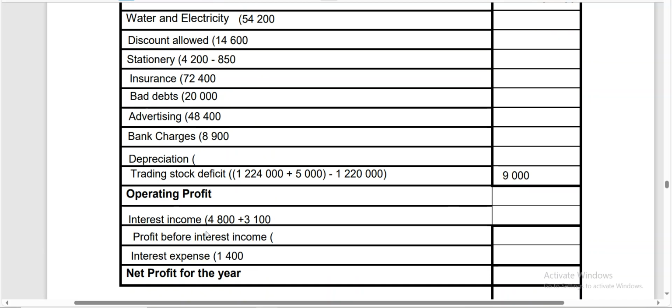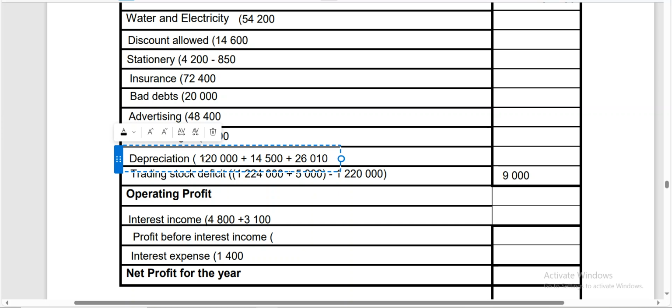I don't know if I recorded it or this software did not save. For depreciation, remember we had 120,000 plus 14,500, and then we'll also add 26,010.